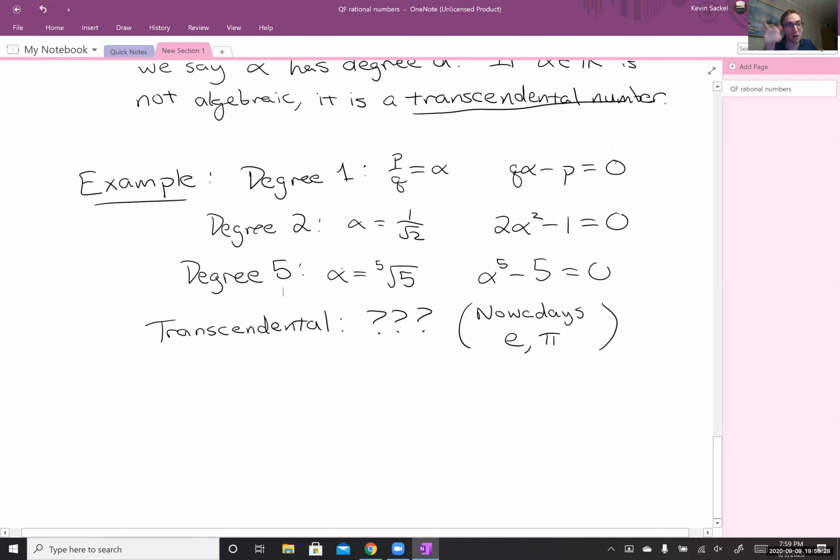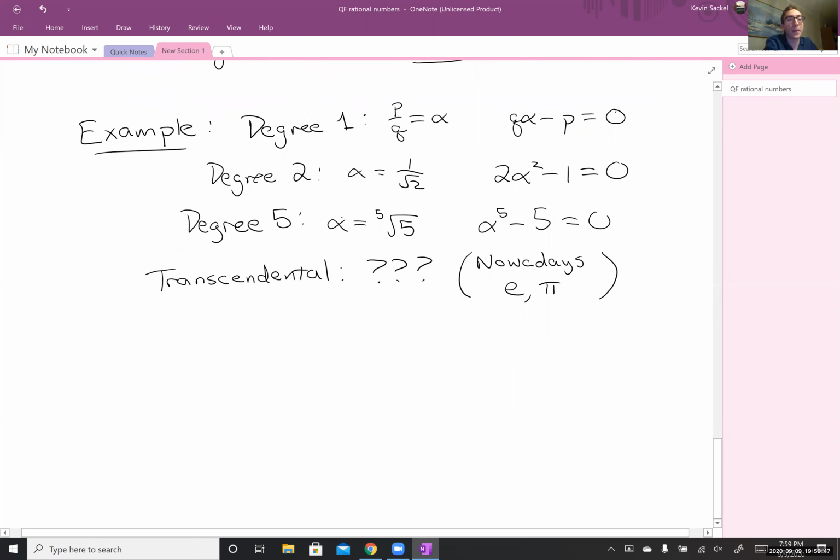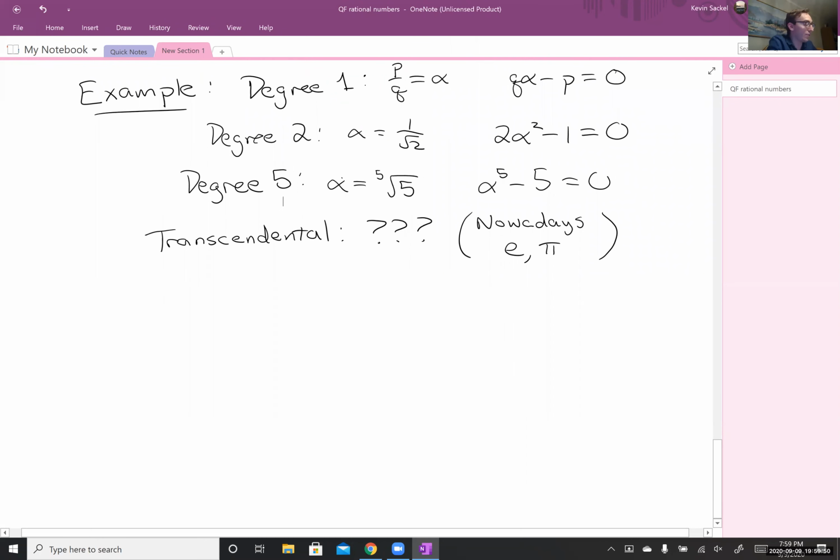If you threw a dart at the interval from 0 to 1, almost all the time you're going to land on a transcendental, in some precise sense. But in the 1800s, in 1844, it wasn't even known that there was an example of a transcendental number. And Legendre, 1844, proved that transcendental numbers exist.